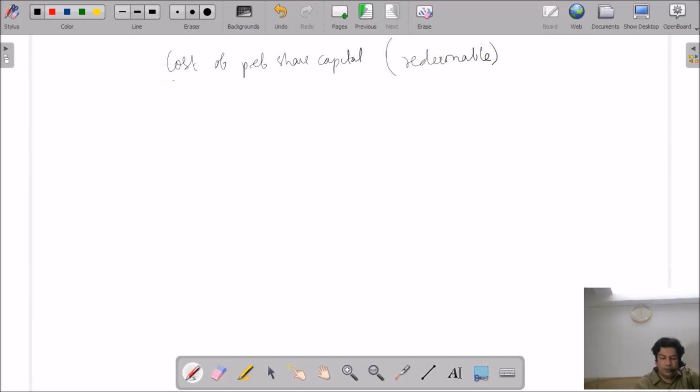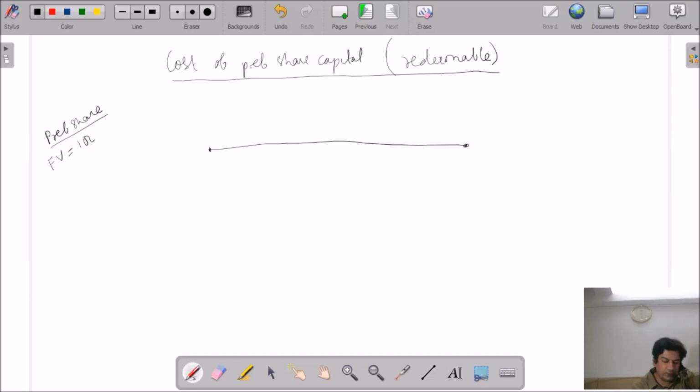So I will give a hypothetical example to make you all understand the concept. For example, I issue a preference share in the market, and say for example the face value of the share is 100 and I'm issuing at a premium of rupees 20. So the issue price is 120.